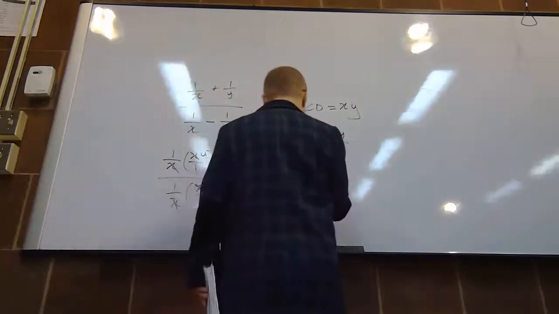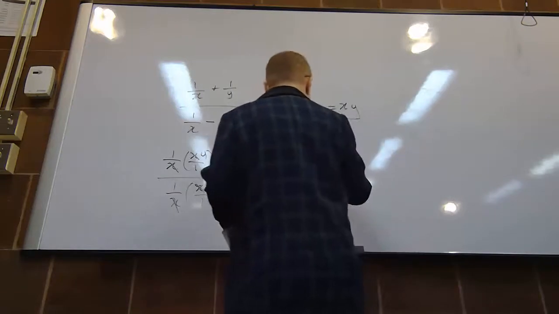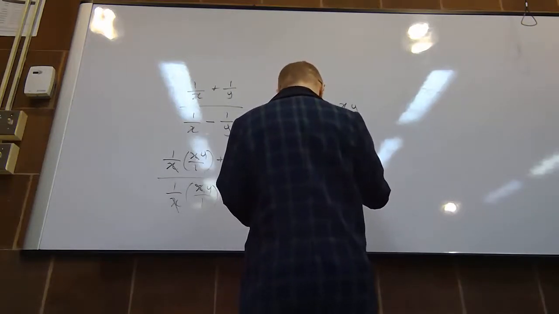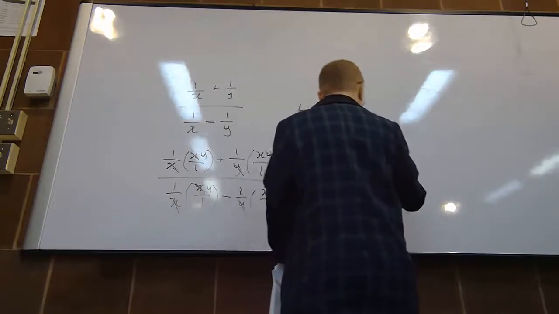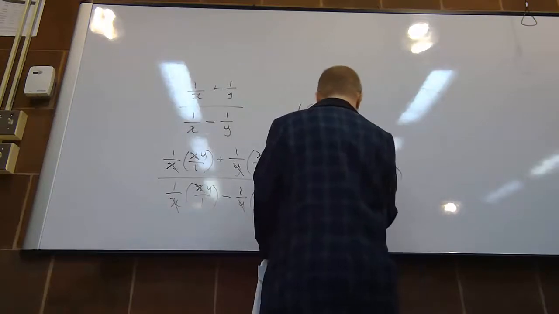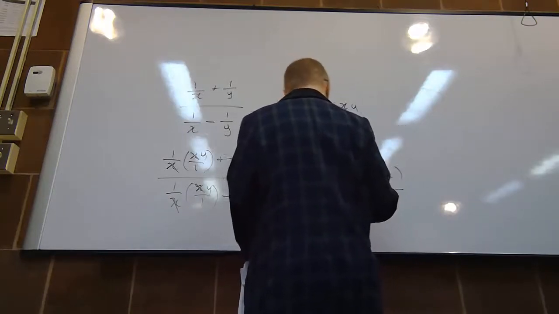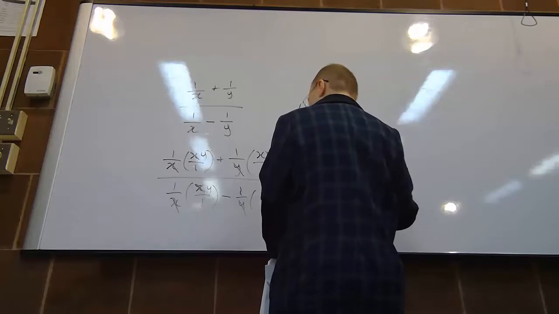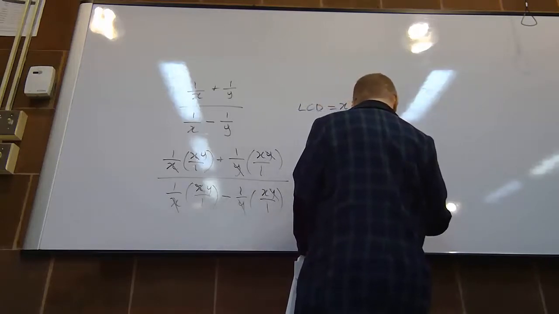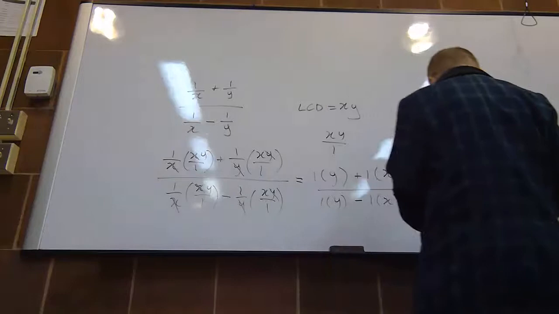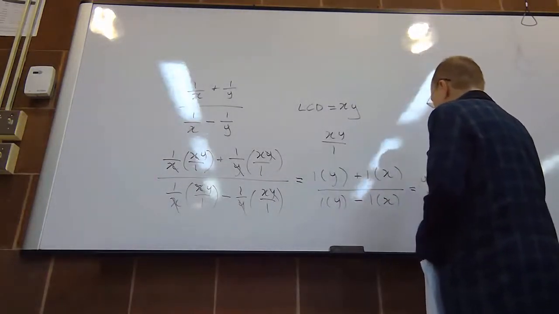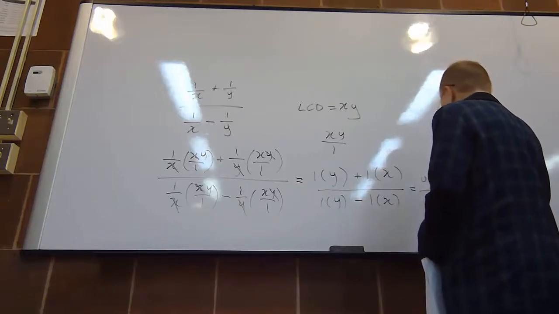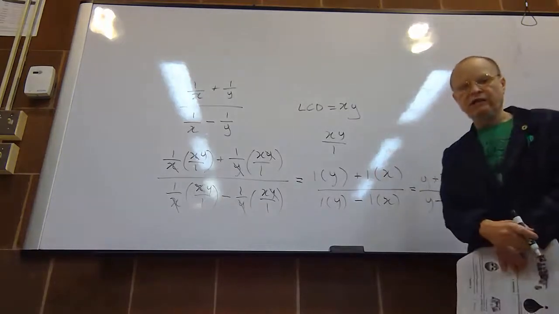And then we end up with 1 times y plus 1 times x divided by 1 times y minus 1 times x. Now, of course, we usually don't write the 1, so the final answer we get is y plus x divided by y minus x, and that's our final answer.